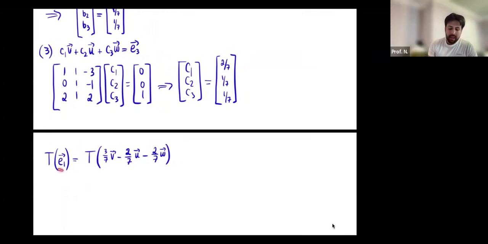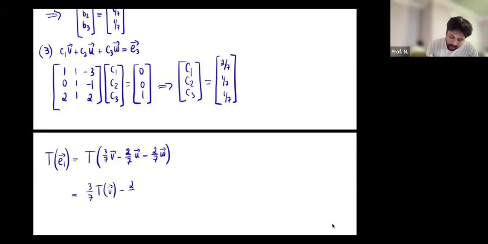So I represented E1 as a linear combination of V, U, and W. I found the precise coefficients for each V, U, and W that would give me E1. Now, you may say, but why is that good? Well, T is linear. Maybe now you'll see why linearity is so useful. If T is linear, then I can do this.